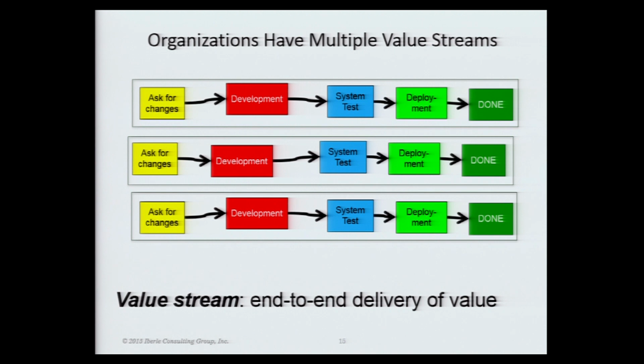And you can see in a lot of large organizations, this is more than one team. You're going through a development team, you're going through a system test team, you're going through a deployment team, and that's actually a pretty simple value stream. And it's typical in a large company to have multiple value streams going on at the same time. So you have a value stream for, say, application changes for your customer-facing website.